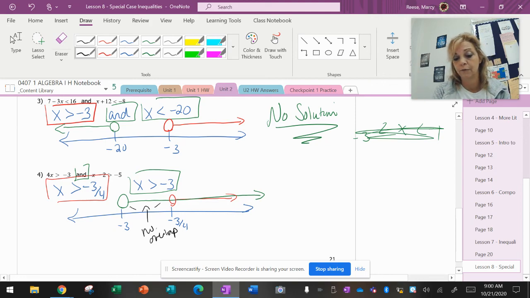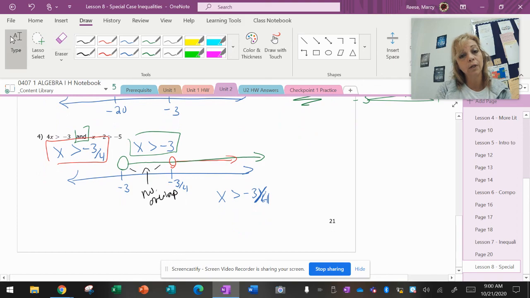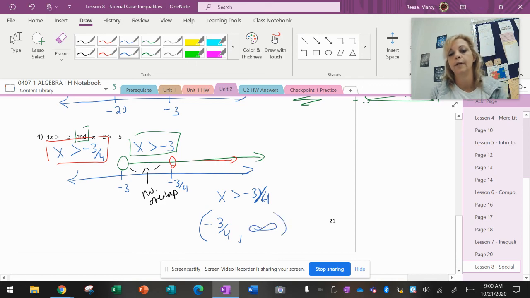Not including -3/4, because -3/4 only works for the green, but not the red. Okay, so because of that, our answer is going to be x is anything greater than -3/4. So when we do it in interval notation, we're going to do -3/4 to infinity.